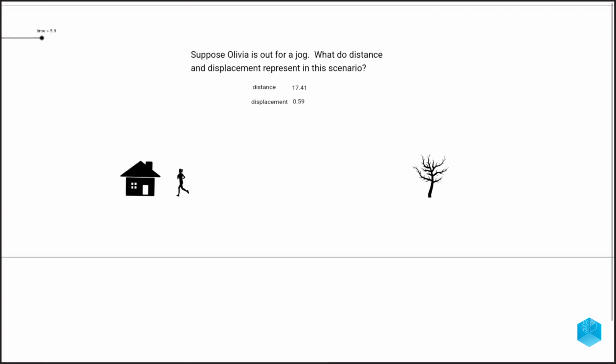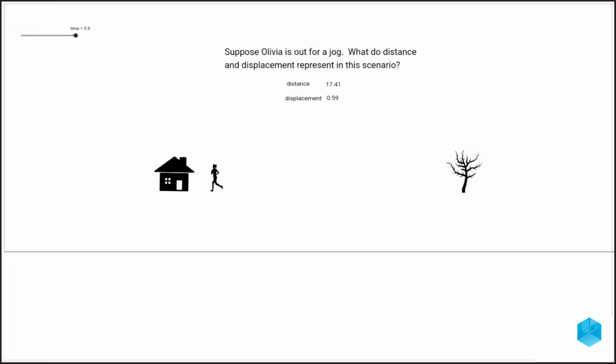But as Olivia is returning back, you can see the distance is increasing, because remember, distance is the total path length. But displacement is the shortest distance between the initial and final position of the object, and the object here is Olivia. When she is returning back, you can see the displacement value is constantly decreasing while the distance is increasing.